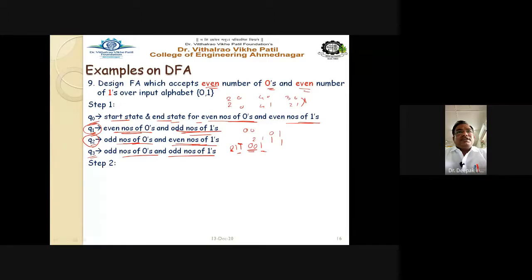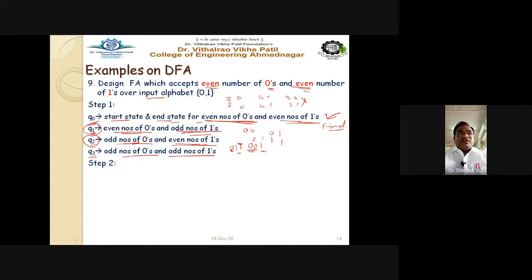And Q0 state is nothing but your even number of zeros and even number of ones, so this is your final answer. Here the Q0 state gives us the final DFA which accepts even number of zeros and even number of ones. Remember, we have defined the Q0 state like this. When reaching the Q0 state, we get our final answer, that is even number of zeros and even number of ones.